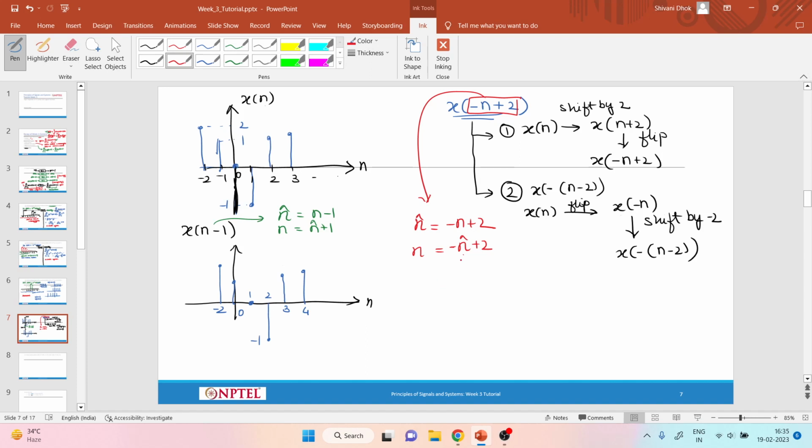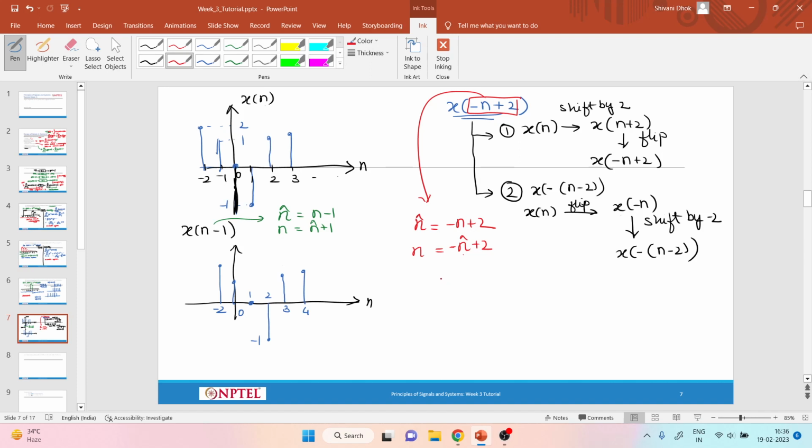That kind of sanity check you can have whenever you are doing these flip and shift operations. So be a bit careful while doing these kinds of operations. This shifting and flipping are actually not commutative operations.